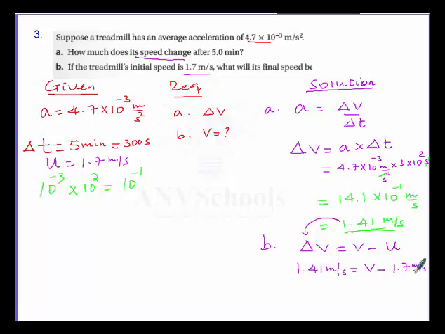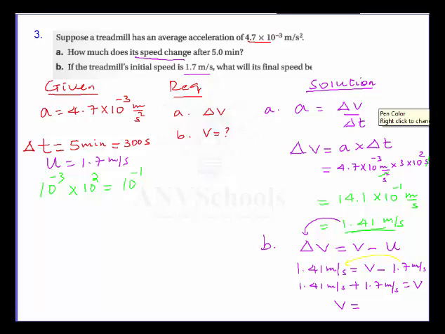Now collect number to number. Taking the negative 1.7 from the right side to the left side, it becomes positive.